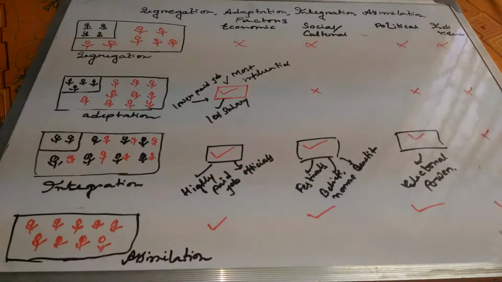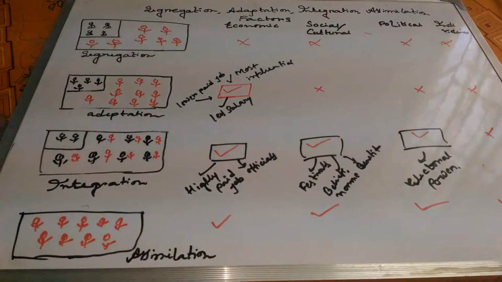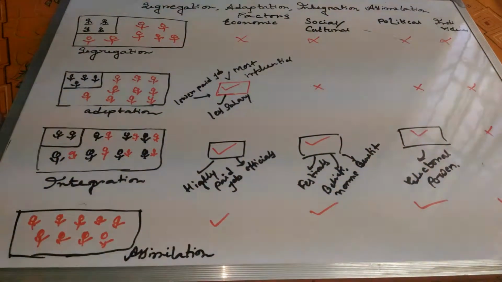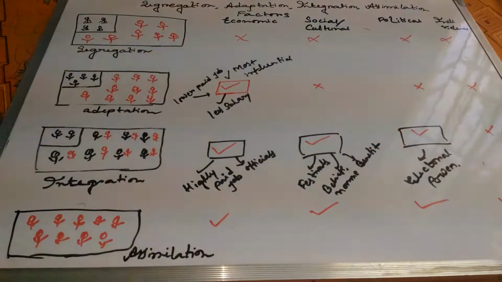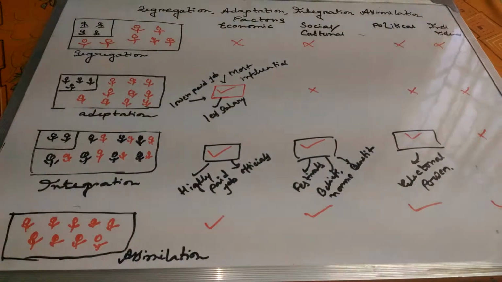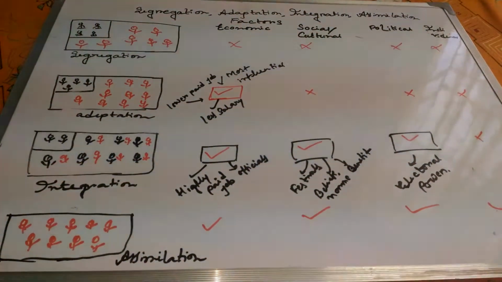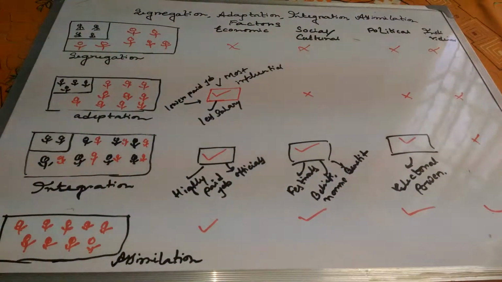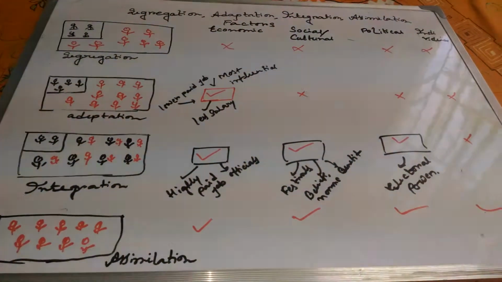But at the adaptation level, they have suddenly tried to participate in the economy. When the economic relationship has developed, at that time they have got a chance to understand the culture very closely. And this type of thing has happened in all the countries where immigrants have come from outside.